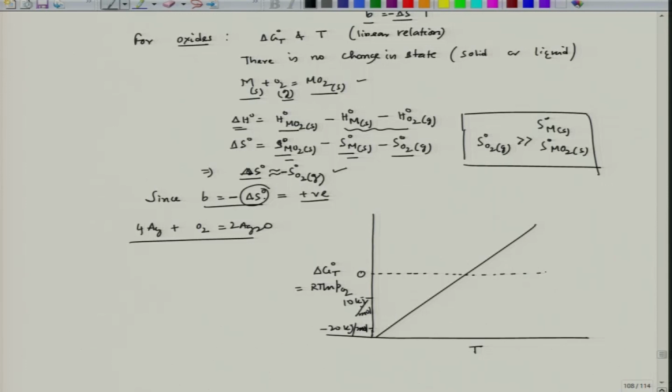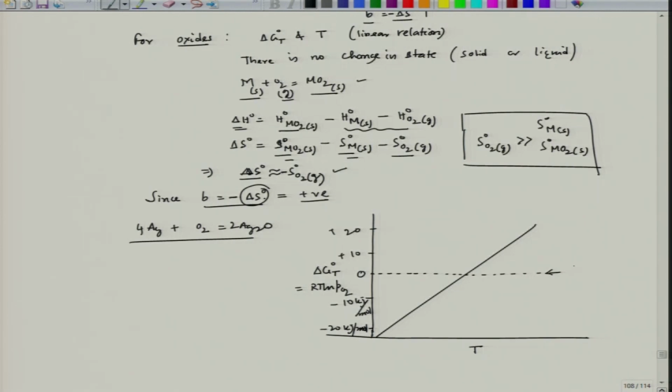Now, if I draw a parallel line with T at the 0 value, this is 10, this is 20, with of course a minus sign, and this is the plus 0 value.